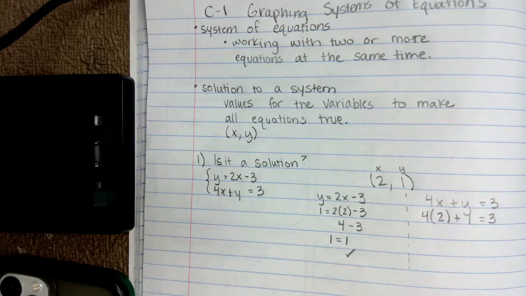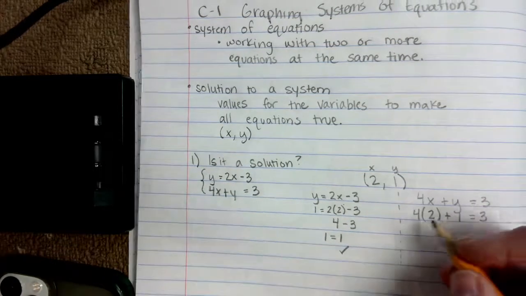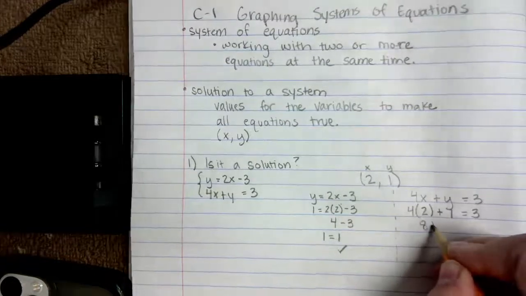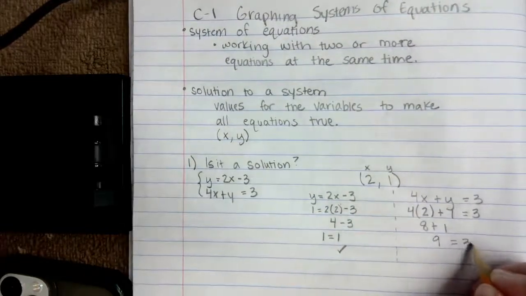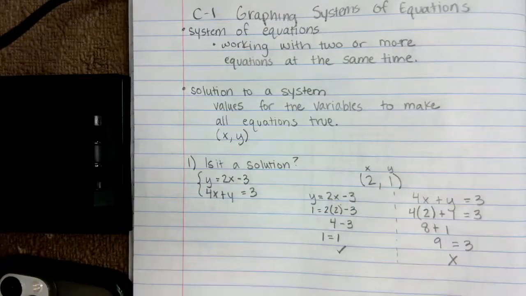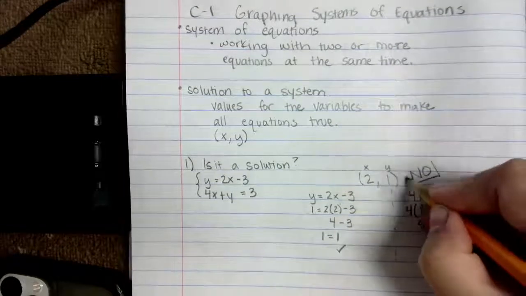If you still need to take your time to show what we're doing, each step by step, what would we do first? 4 times 2. Good. 4 times 2 is 8. So we get 8 plus 1, which is 9. Does 9 equal 3? No. So is this a solution to the system? No. That does not work.